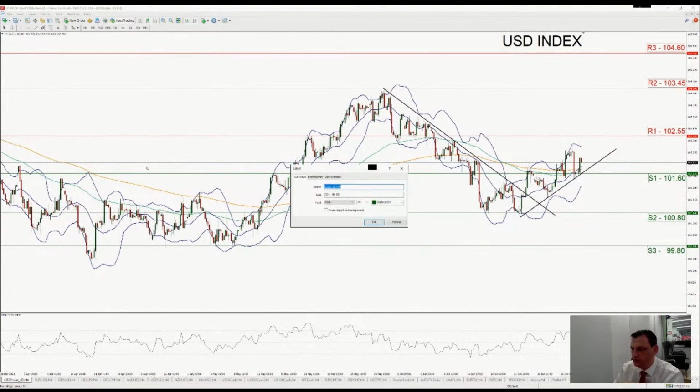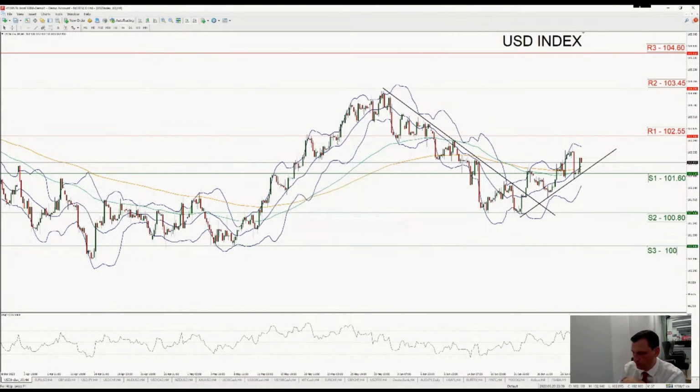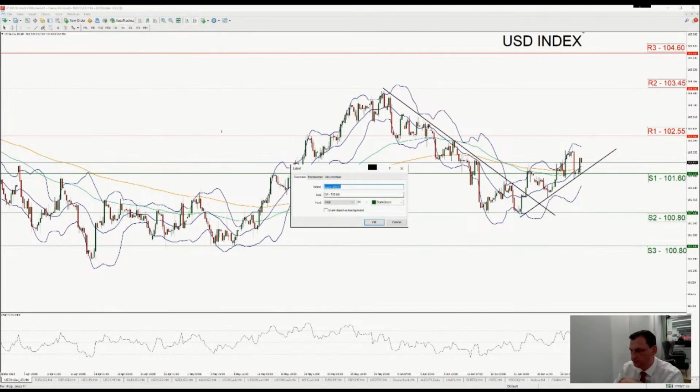Starting with the S3, which is now being placed at 100.80, sorry. S2 at 101.60. S1 at 102.55. R1 at 103.45.